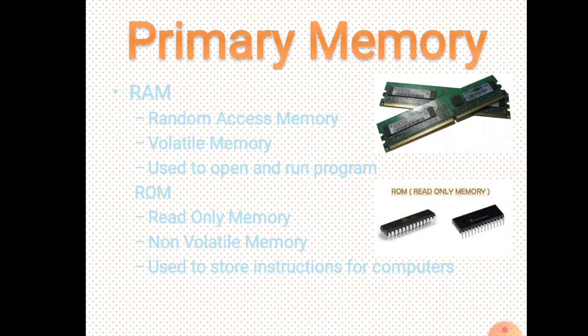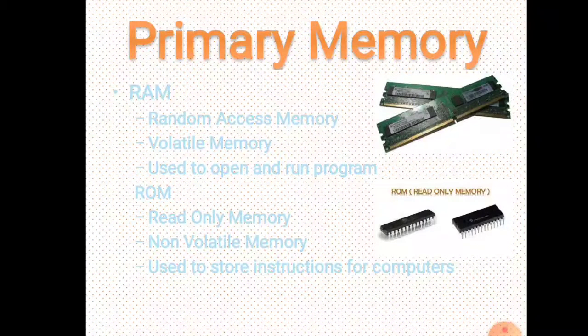Then the second memory is ROM. In primary memory the second type is ROM, read only memory. Whatever contents are there, I can read. I cannot manipulate, change, or delete them. I can read only.